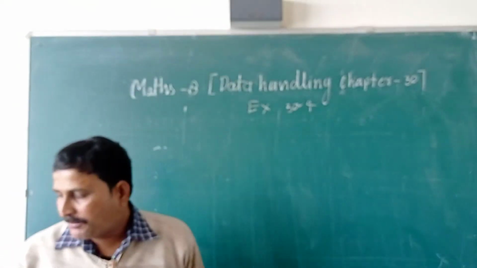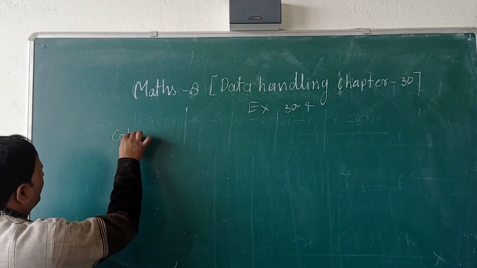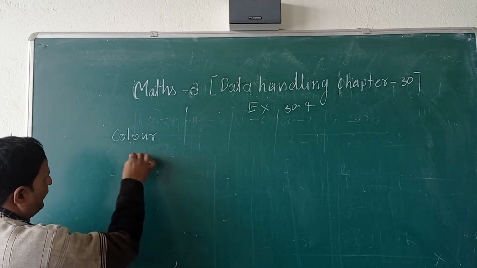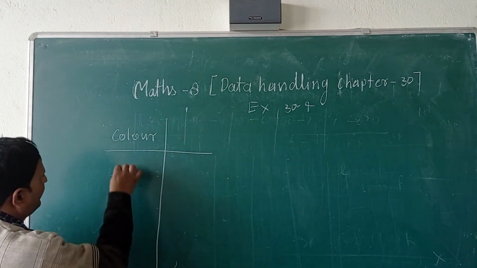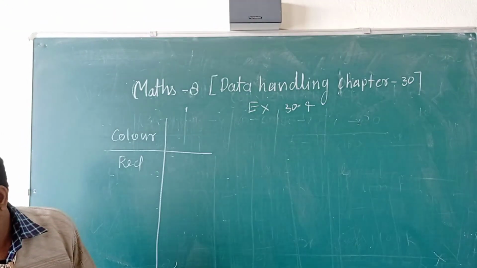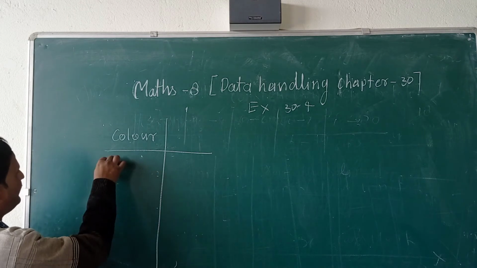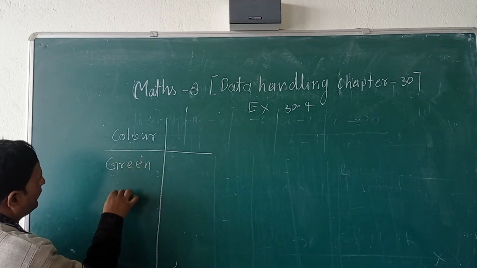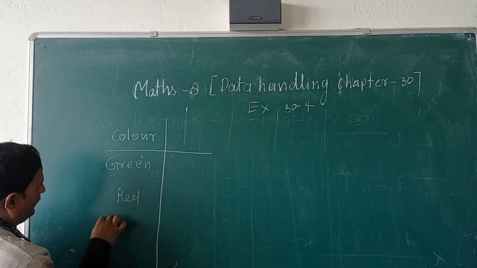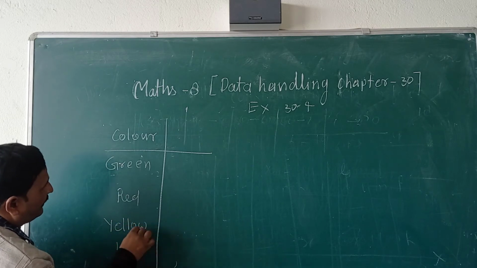Suppose colors are given here: red, blue, green, red, yellow, green, red, yellow, and blue color.